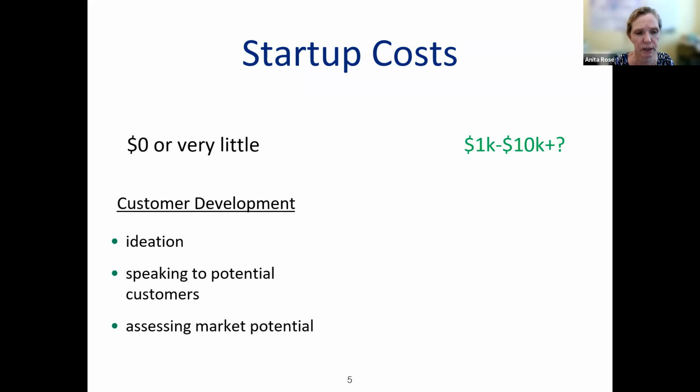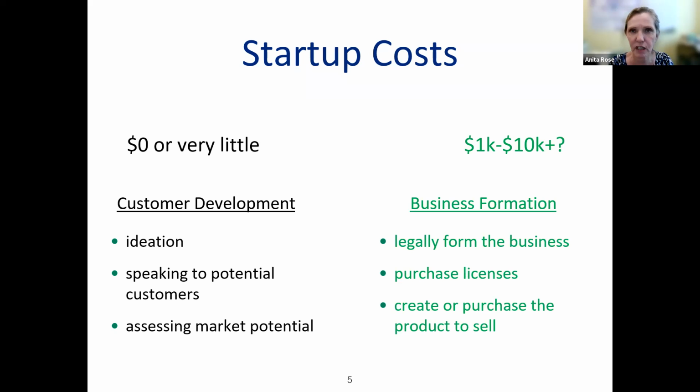So we want to speak to those potential customers and test the market plausibility. We want to make sure we have our customer development in place.